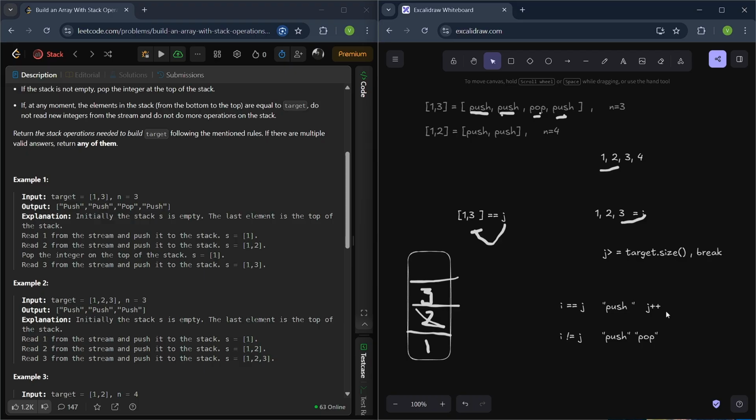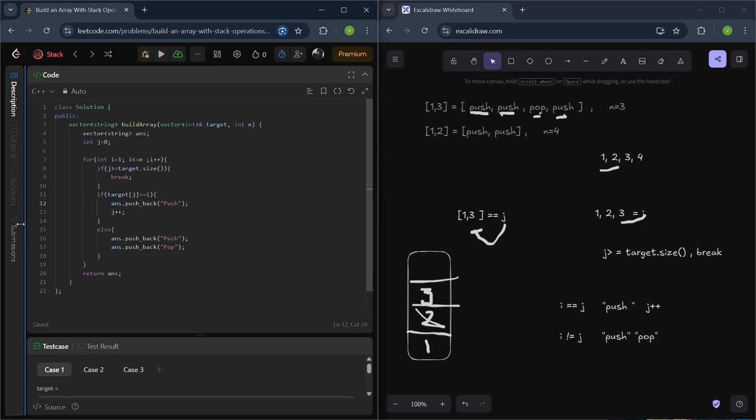So if j has now become 3 after the last push operation, it is going to stop, because the target size is 2 and j has become 3 by the plus plus operation. Since j has become 3 and the size is only 2, it's going to break and stop the loop. That's it. Let's see our code.